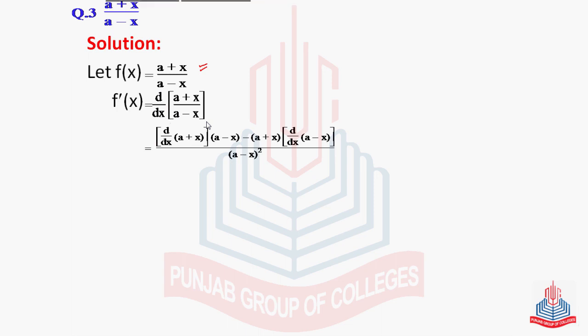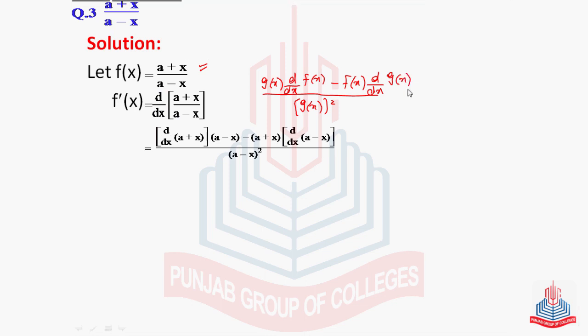And the quotient rule was: the square of the denominator, g(x) whole squared, in the denominator; and in the numerator, g(x) as it is times the derivative applied on f(x), which is the numerator, minus f(x) as it is times the derivative d/dx applied on g(x).